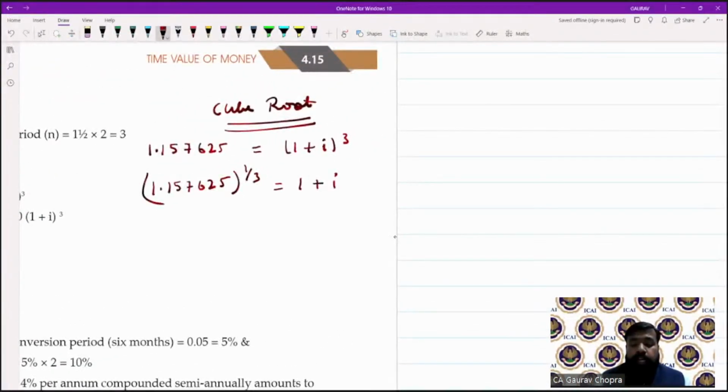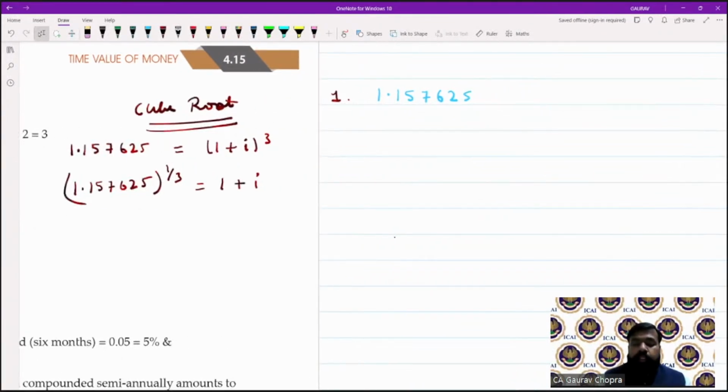For calculation of the cube root, the first step is to type the number on the calculator, 1.157625. Now press the square root button 12 times. One, two, three, 4, 5, 6, 7, 8, 9, 10, 11, 12.